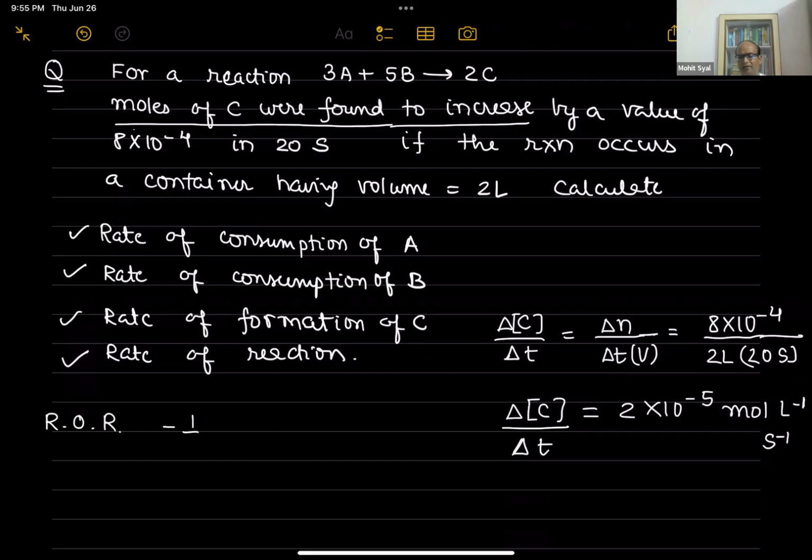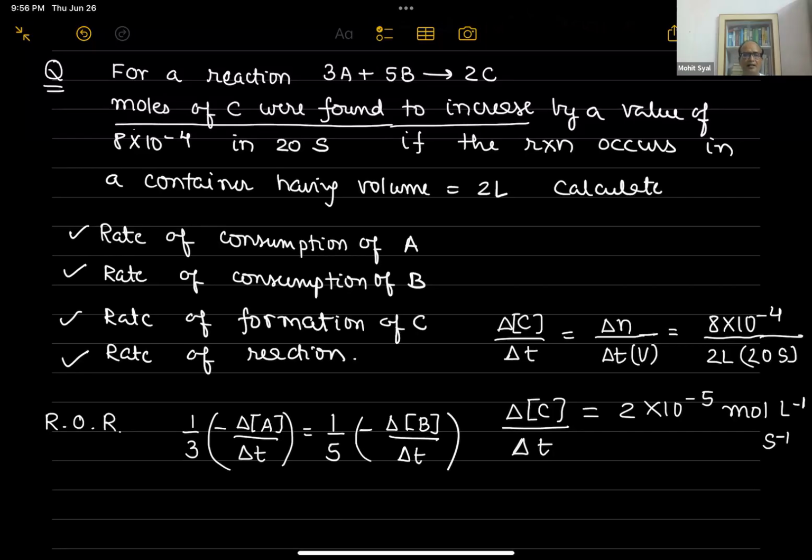So minus 1 by 3 of delta A by delta t equals 1 by 5 of minus delta B by delta t, because they are reactants, I put a negative sign, and that is equal to 1 by 2 of delta C by delta t.